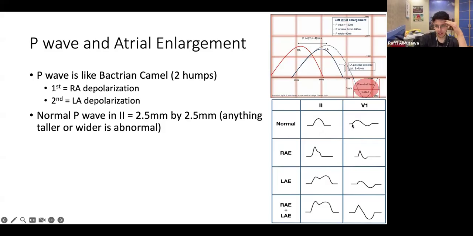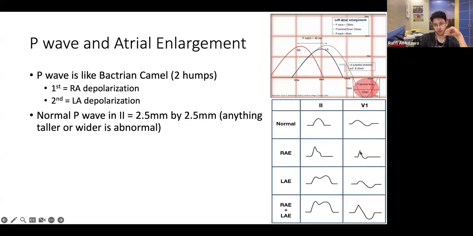And the P wave in V1, well, it doesn't look like how you imagine a P wave should be, but this is the normal of V1. If the right atrium is enlarged, lead 2 will look like this, and V1 will look like this over here.